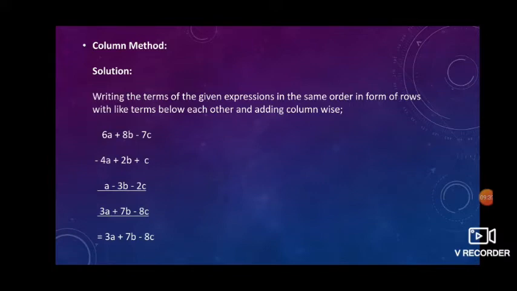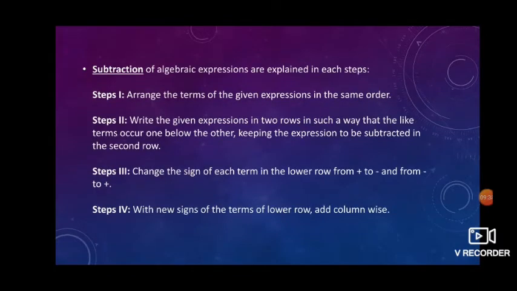Next one is subtraction. If we are doing subtraction, here also we can follow two methods. One is horizontal and one more is the column method. Now I am going to discuss with you how to do the column method. Whenever we are doing the column method, first we will follow 4 steps. In step 1, arrange the terms of the given expressions in the same order.